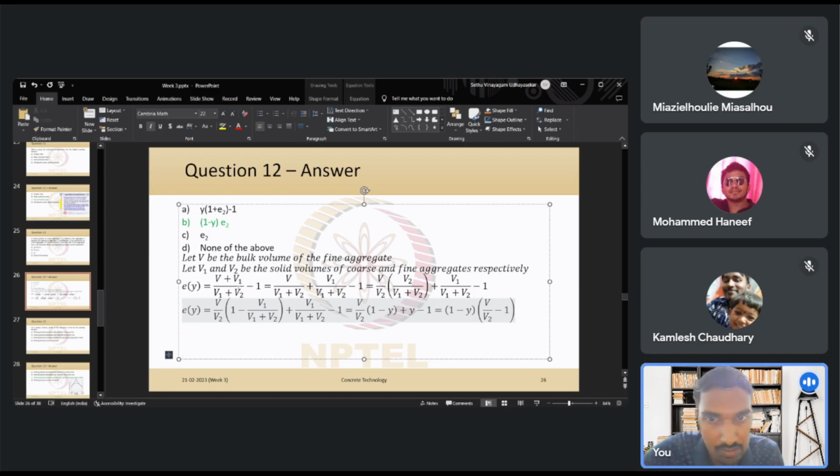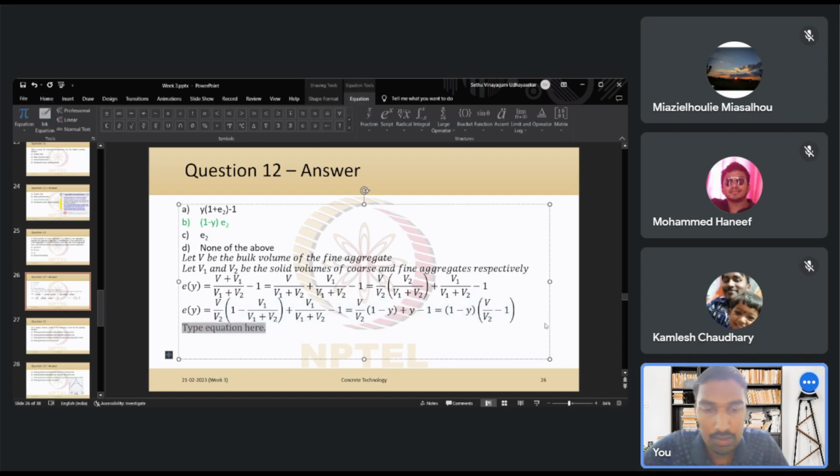So that's what we started with. Total volume by the solid volume minus 1 is the void ratio, and this is for the fine aggregate. So v is the bulk volume for fine aggregate, v2 the solid volume for fine aggregate. So this particular term is nothing but the void ratio for the fine aggregate.